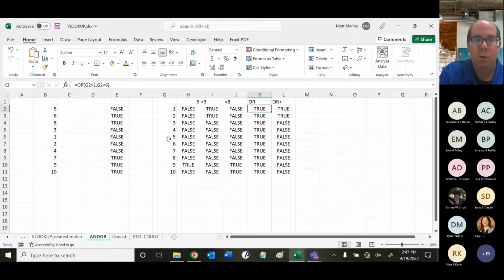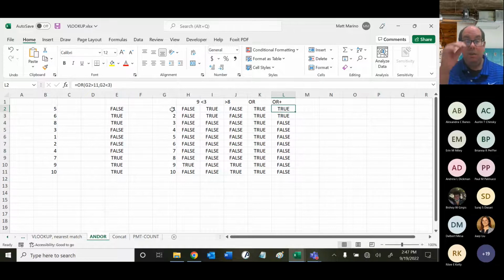Then when we test ORs, it's one or the other. So in this example, we're testing this number here in G column. Is it greater than 1 or less than 6? So all of them are true because every number is either greater than 1 or less than 6.